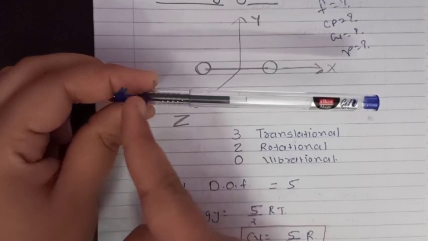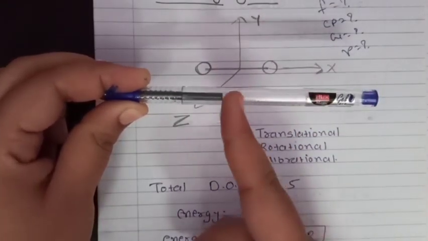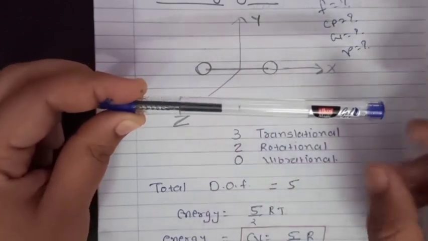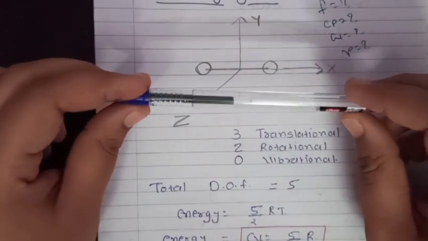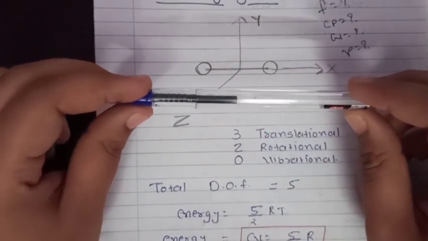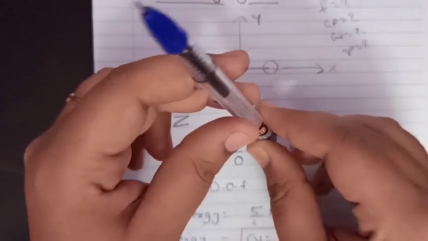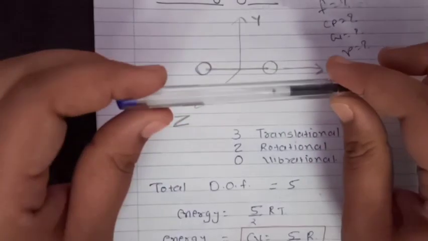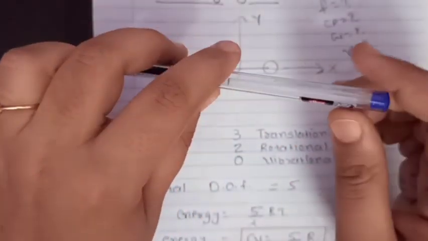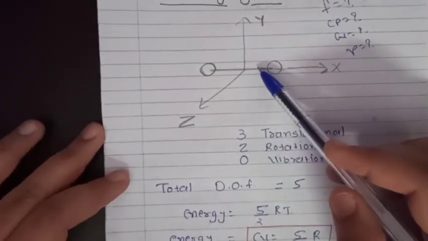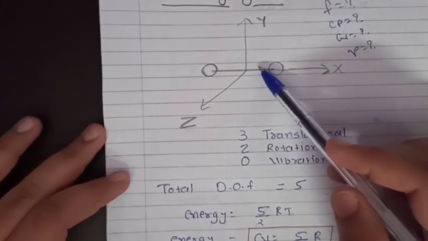So the radius of rotation will be equal to half of the bond length. Now the bond length can be the value that we can consider. The rotation about the y-axis will be like this. So along the y-axis, rotational energy is not negligible, so we have to take it into consideration.